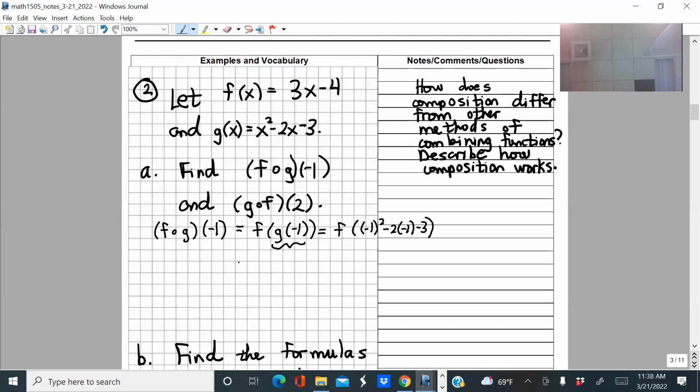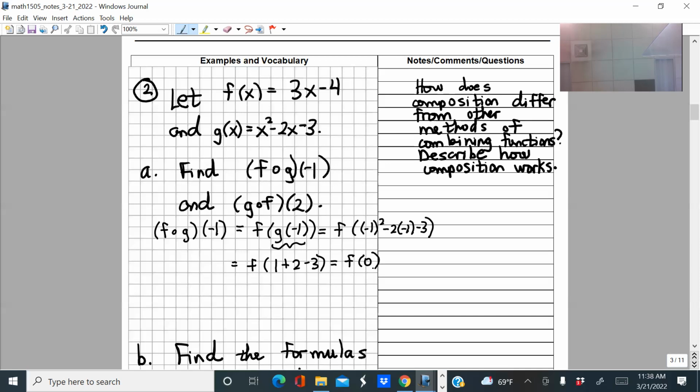All right, well, let's see. What does that work out to be? Well, -1 squared is 1, right? Positive 1. -2 times -1 is +2. And then -3. So that's 0? Oh, nice. Okay. So we just end up here with F of 0.